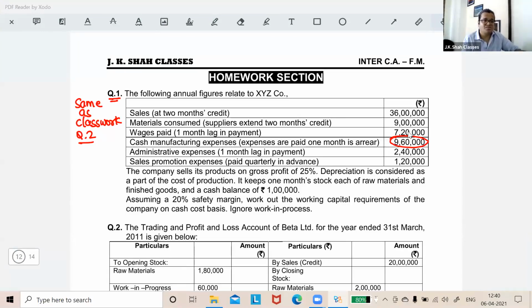Tanvi, whose screen should I share? Tanvi, I'm sharing my screen since long, man. Now she's denying the claim. People, you can see the homework section.